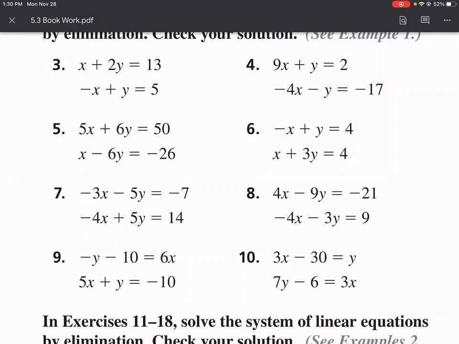What does your gold sheet say for homework? Three through 8 and 11 through 16. So you could start on 3 through 8. 3 through 8 are your favorite.